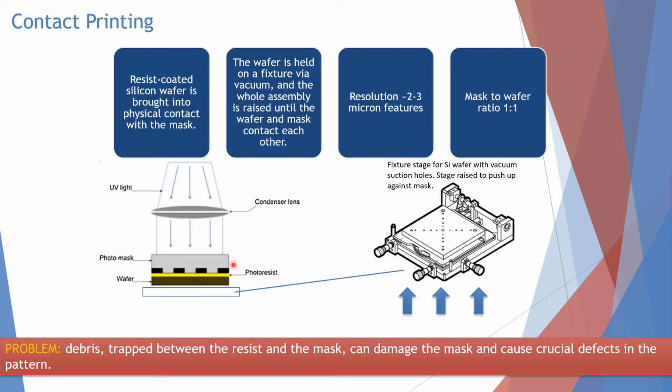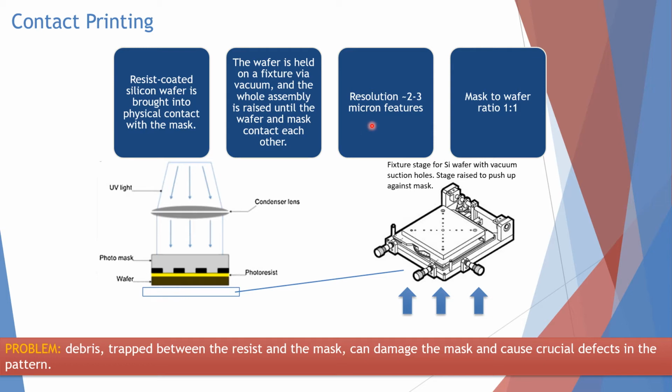So it is in contact with the photomask, and then the UV light is exposed on the mask, which prints on the photoresist. The wafer is held on a fixture via vacuum, and then the whole assembly is raised until the wafer and mask contact each other.